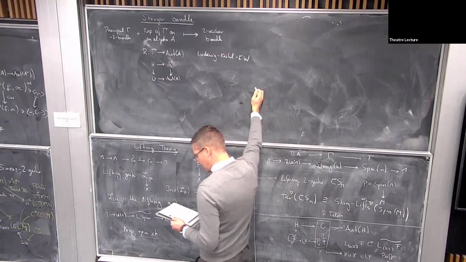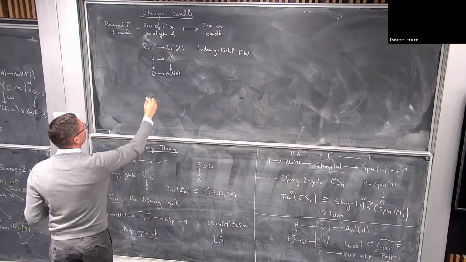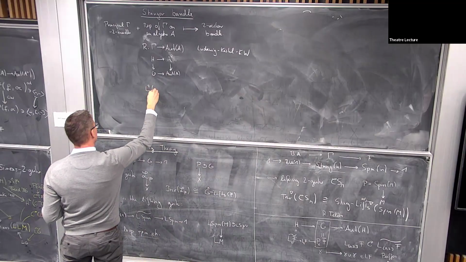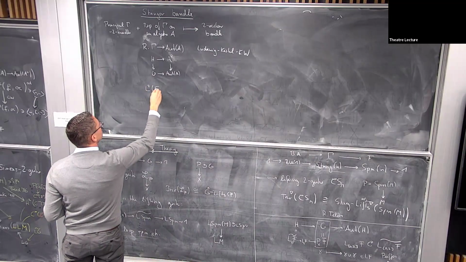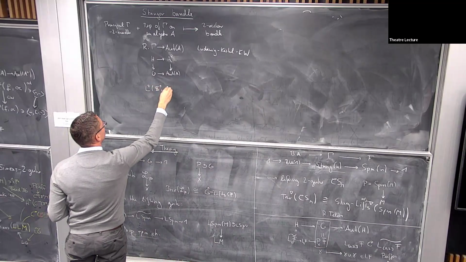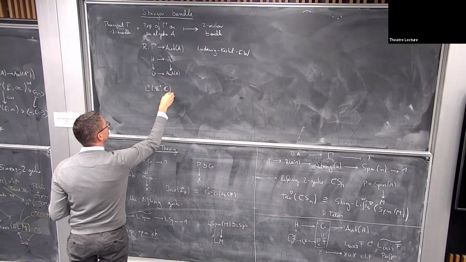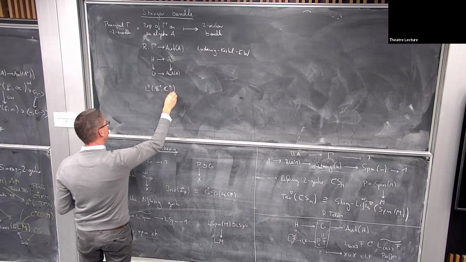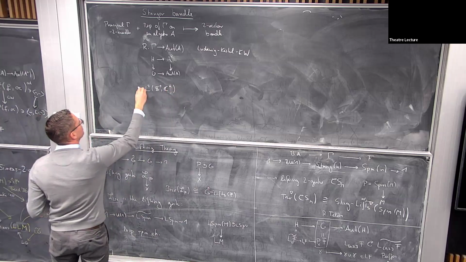So this is based on ideas of Stolz and Teichner, who say that it has something to do with the Hilbert space of spinors on the circle, fermions on the circle. So here is the dimension of the base manifold. That's a Hilbert space.